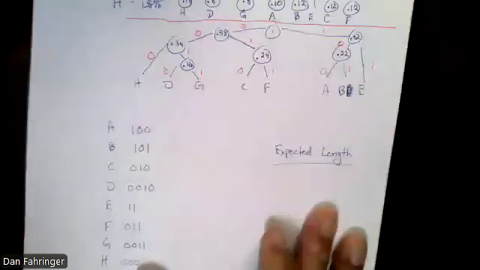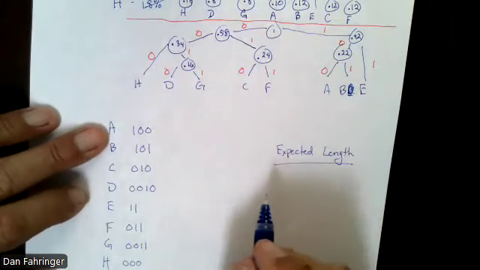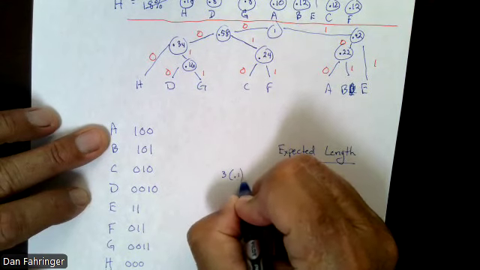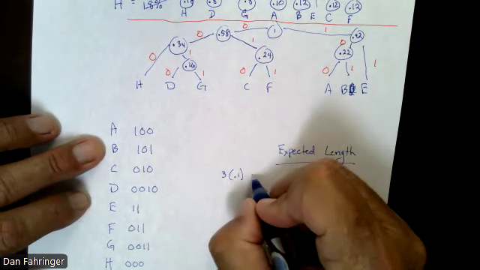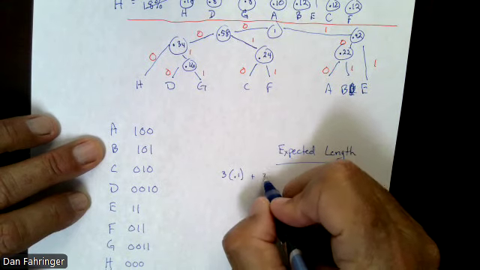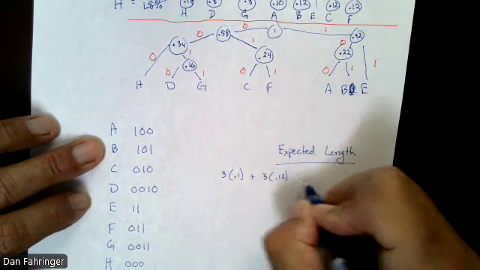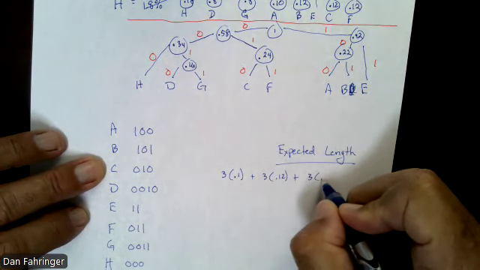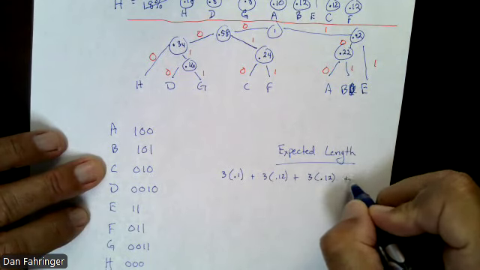Okay. Working on my expected length. A is 3 times 0.1, that's 10%. Plus B, which is 3 times 0.12. Plus C is 3 times 0.12.